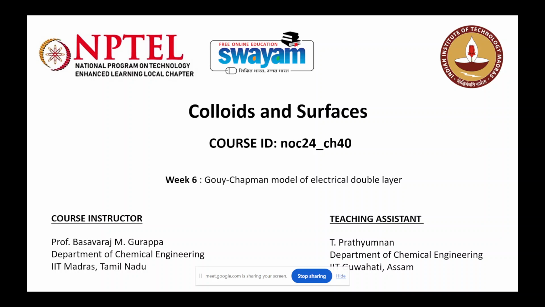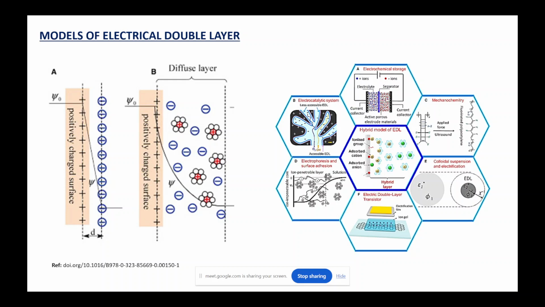If you see the figure towards your extreme left, this is representative of the Helmholtz electrical double layer. If you recollect, we discussed that the Helmholtz electrical double layer concept is based on the principle that the counter ions, so we discussed two different types of ions, the coions and the counter ions.